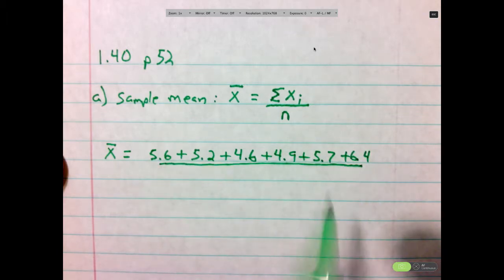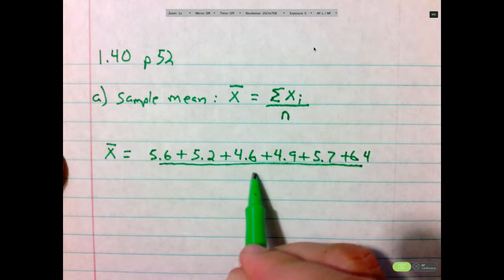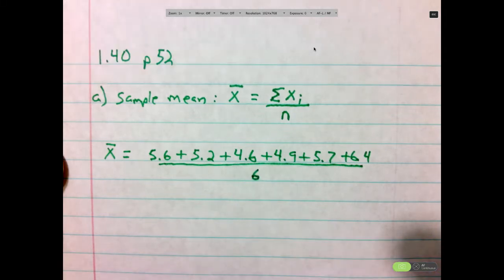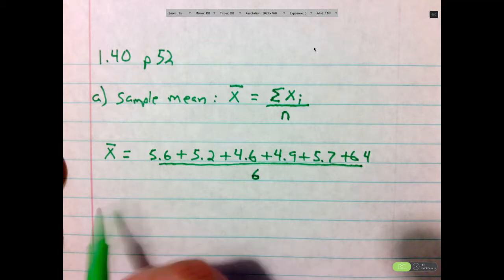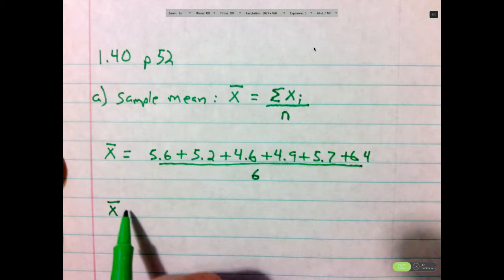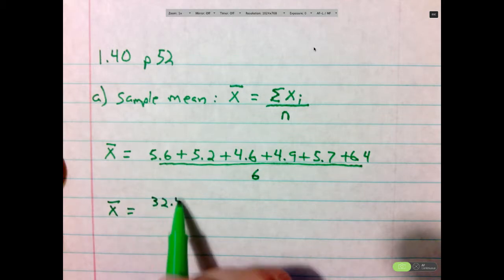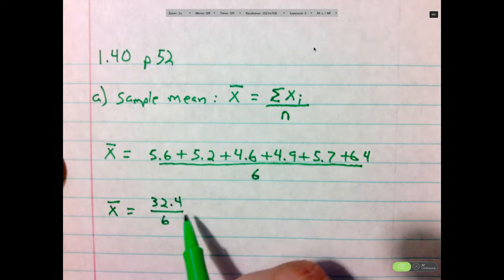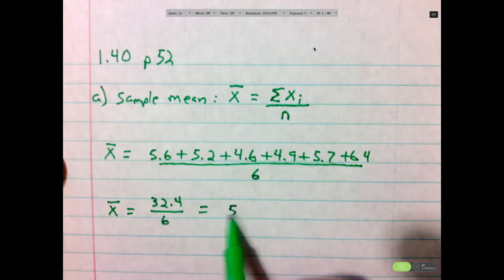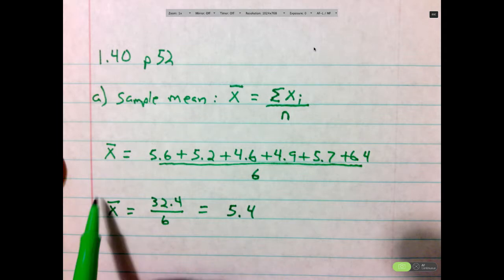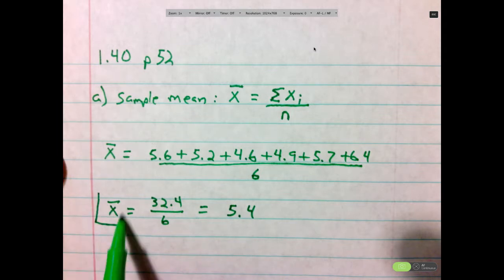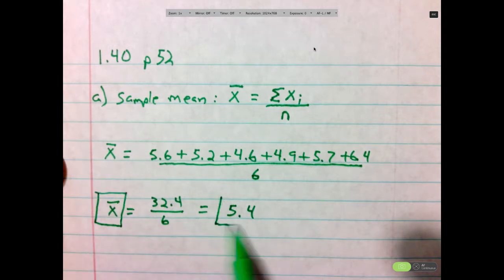Divided by the total number of numbers in this sample, which is 6. So X bar is equal to 32.4 divided by 6, which is 5.4. Our sample mean, X bar, is 5.4.